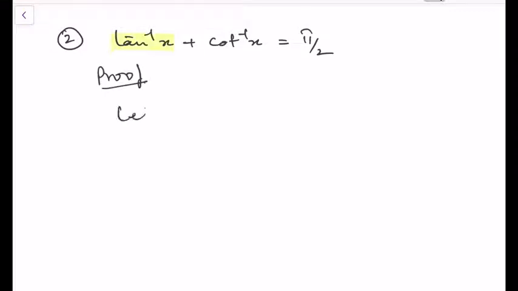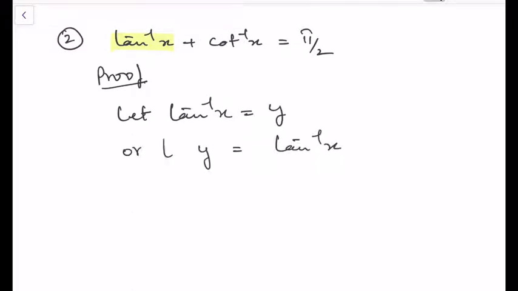Now our second property is tan⁻¹x + cot⁻¹x = pi/2. Now to prove this, let tan⁻¹x = y, or y = tan⁻¹x. Now take tan both sides, then tan(tan⁻¹x) is x, so tan y = x.